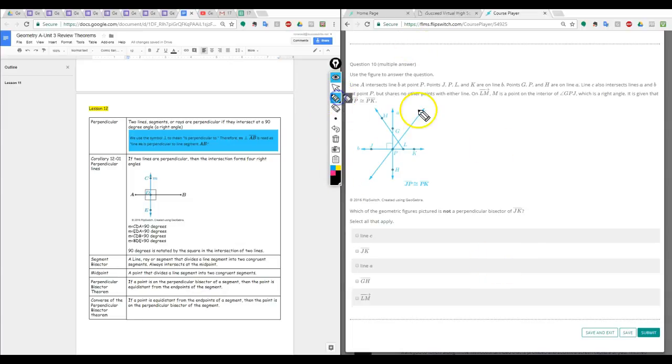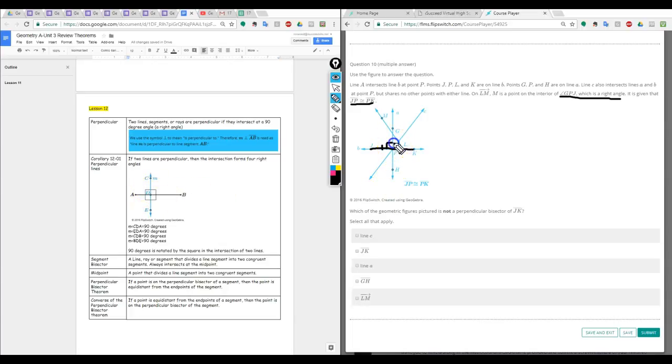So from the information that was given, we know JP is congruent to PK. So JP is here, that is congruent to PK, right there. We also know that this angle GPJ is a right angle. And from the perpendicular lines, if you have a perpendicular line, then all four angles are perpendicular.